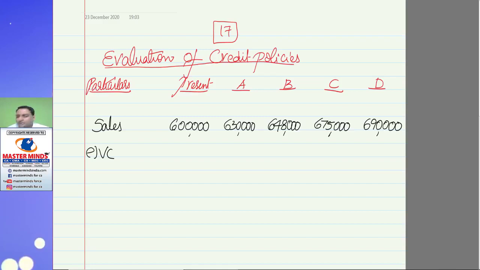Less variable cost. Out of selling price 3, variable cost is 2, so variable cost as a percentage of sales is 2/3, 66.666%.